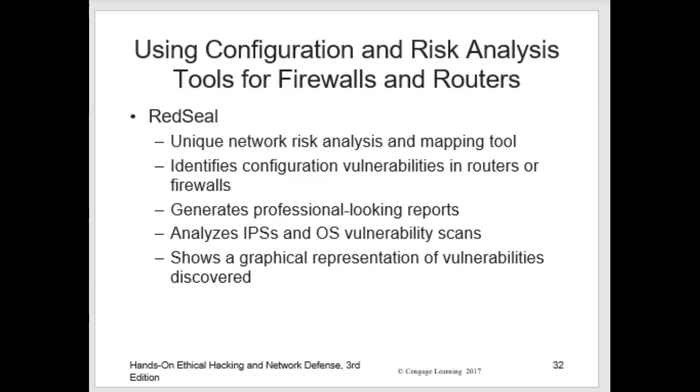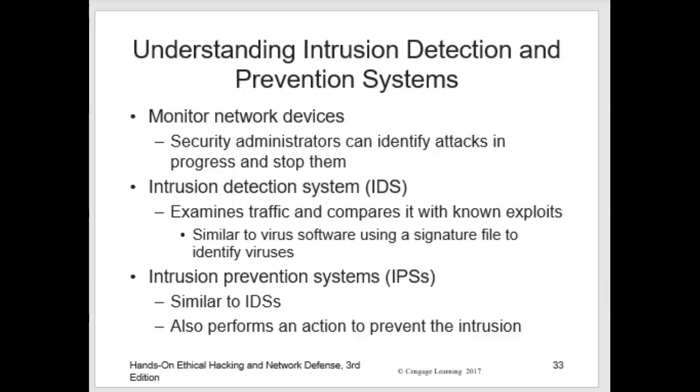It analyzes the configurations of all the devices on the network to identify what access is actually allowed. Red Seal is unique in that it shows you a graphical representation of vulnerabilities that have been discovered. Very valuable.